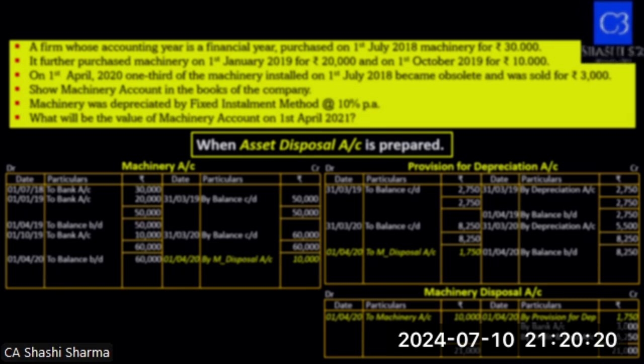And in the class day after tomorrow, I will show you another solution of the same question by following the WDV method. And apart from this question, I will share some other questions also for your practice.